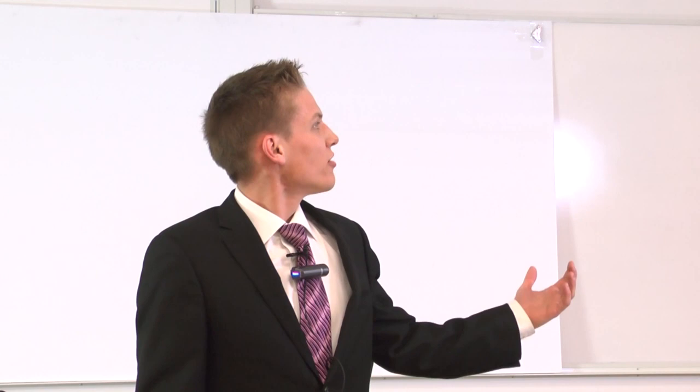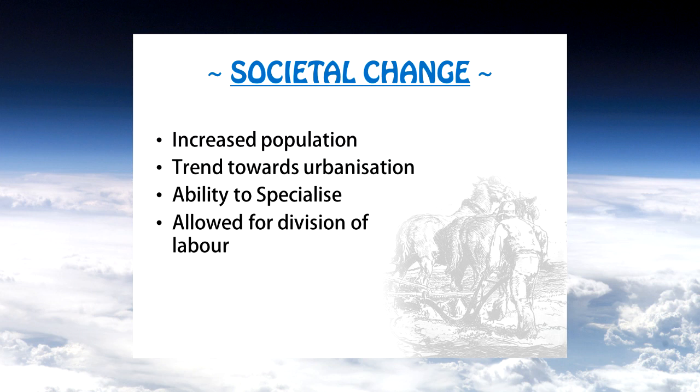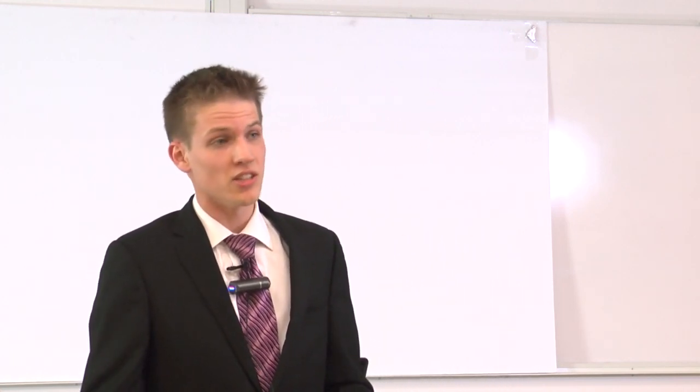After the widespread adoption of the plow, there was a surplus of food. Now, the most important impact of this is, of course, the increased population. Other than just increased population, we have this trend towards urbanization. We have this non-food producing sector that doesn't have to be involved in agricultural production, and therefore they're going to congregate in a specific area, typically cities.